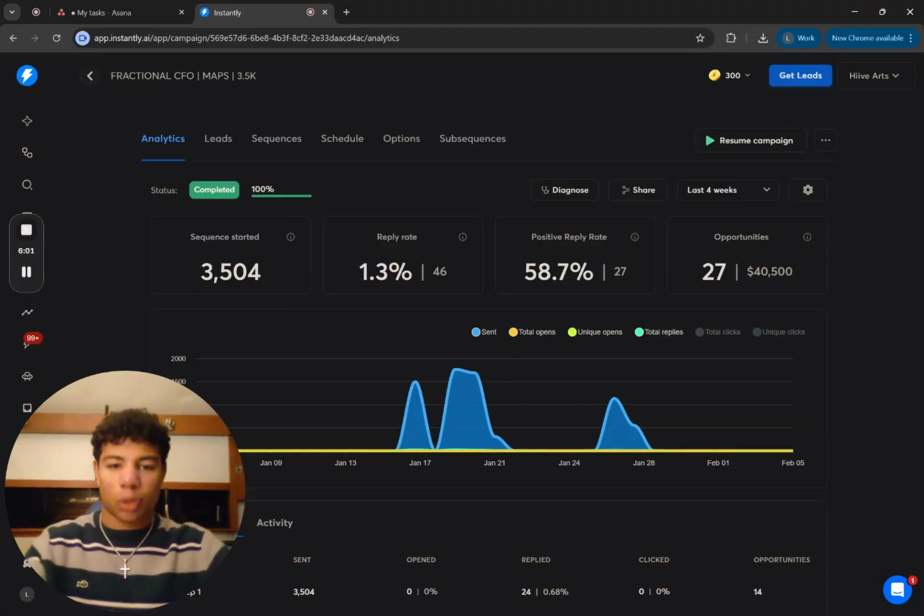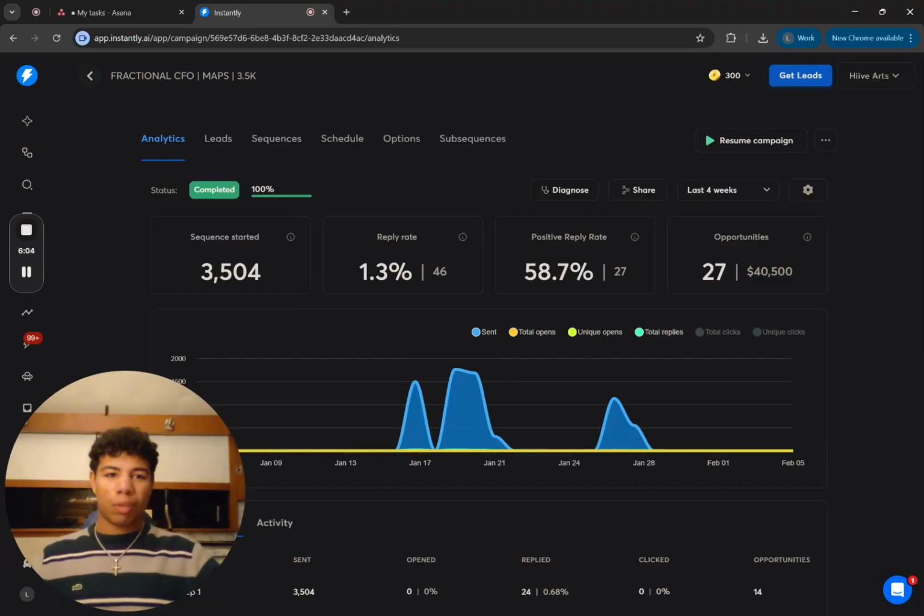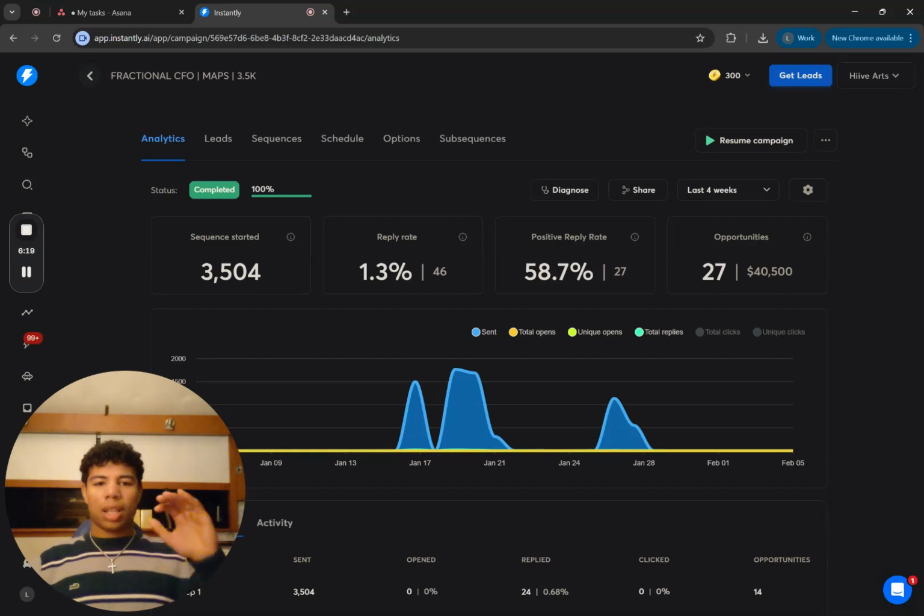But in terms of your own campaigns, if you have struggling campaigns, or you're trying to improve the metrics of your campaigns, what I would always say, and the longer I do outbound, the more I realize this, is that who you're running the campaigns for, so this could be your clients, this could be yourself, the business, is going to make the biggest difference in the results of the campaigns.